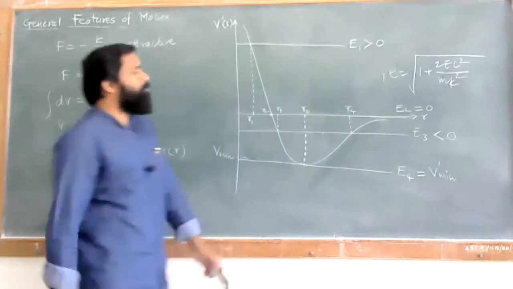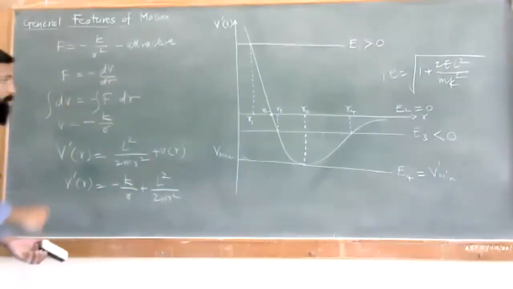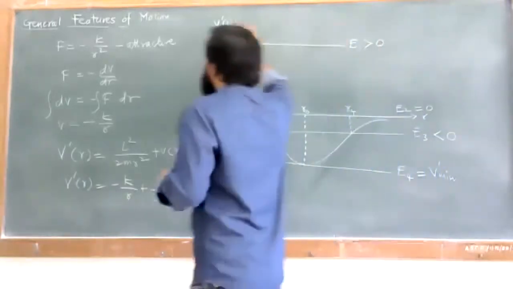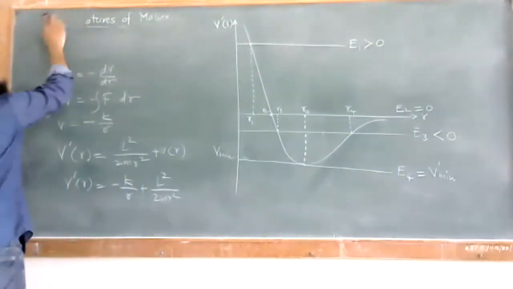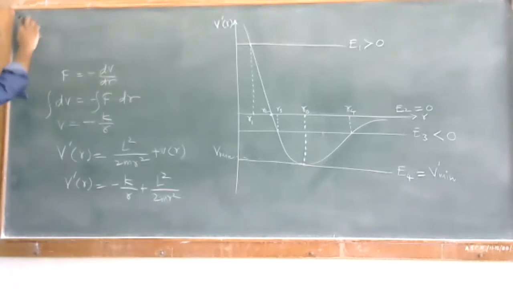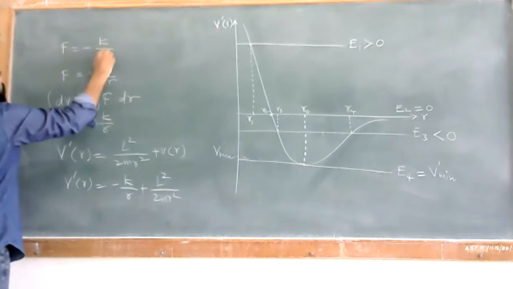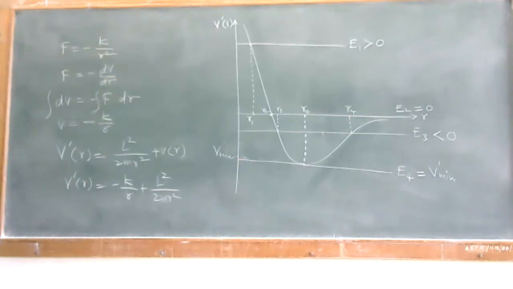Okay, so we have these different potentials, different energies. So as we have seen this, you can remember these points. F is equal to minus k upon r square, that is the central attractive force. Then we can have this potential.